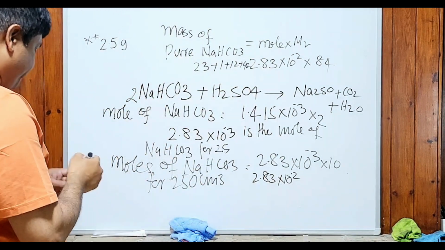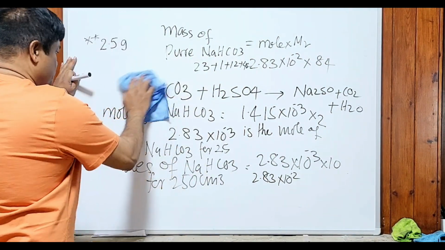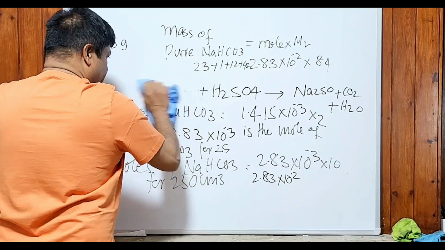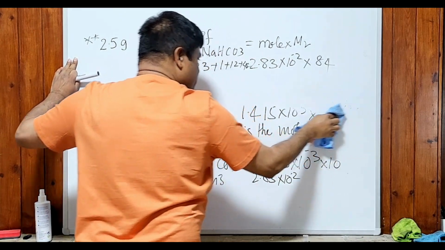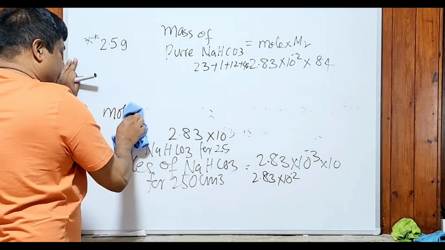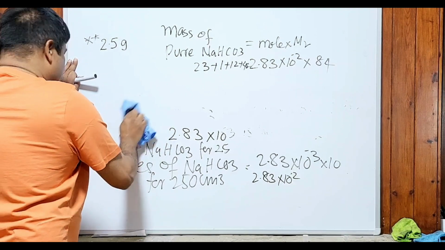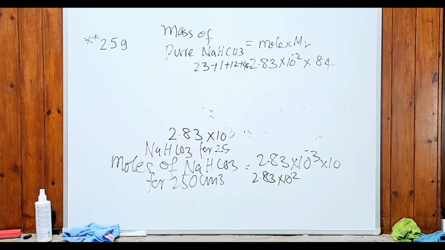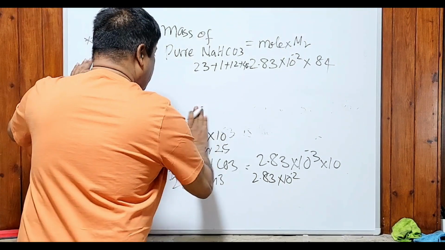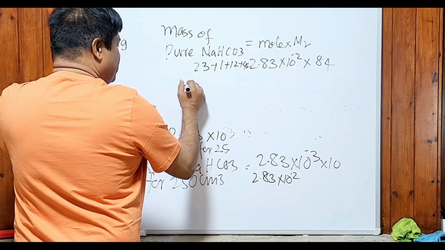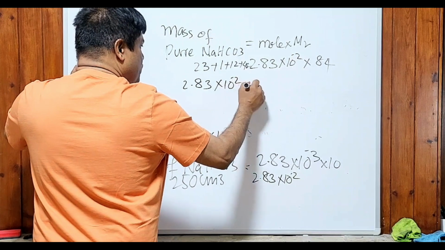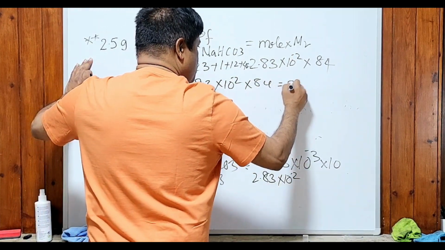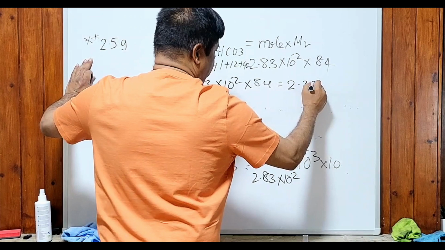Now, when you times this, see what you will get. You will get the mass of pure sodium hydrogen carbonate. You use your calculator, which is 2.83 into 10 to the power of minus 2 times 84, which equals 2.37.